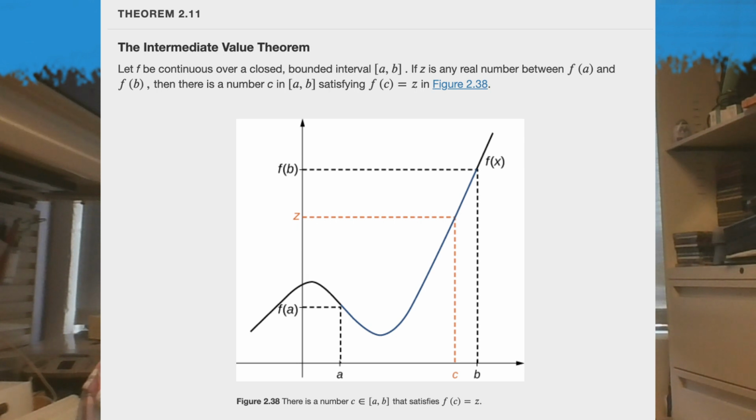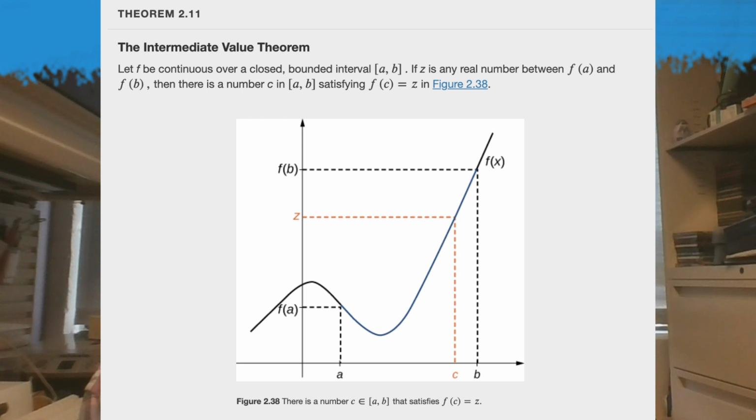And what it's saying is that if you have a number z, for example, a y value of z, and then between a and b, when you put a into the function and b into the function, those values are on opposite sides of z, then it has to eventually cross through z at some point within your interval.